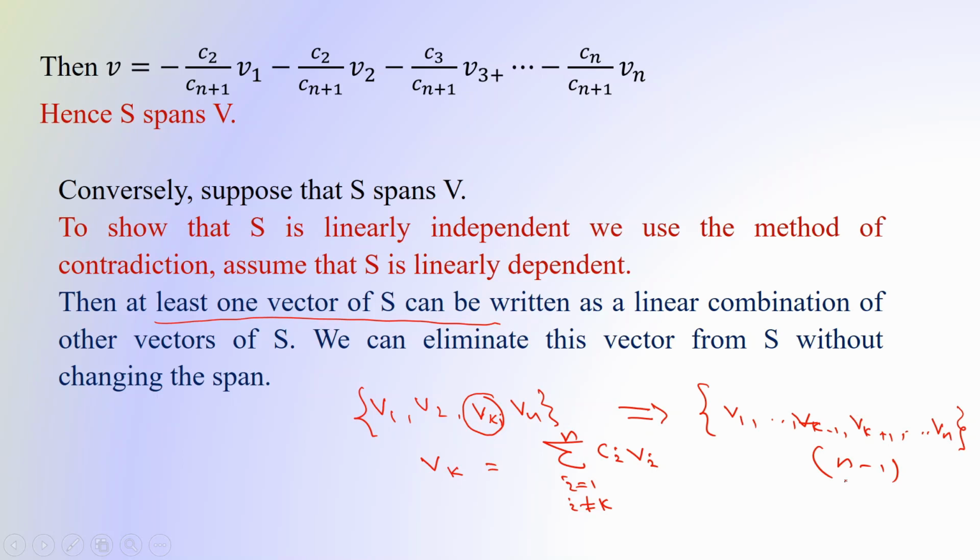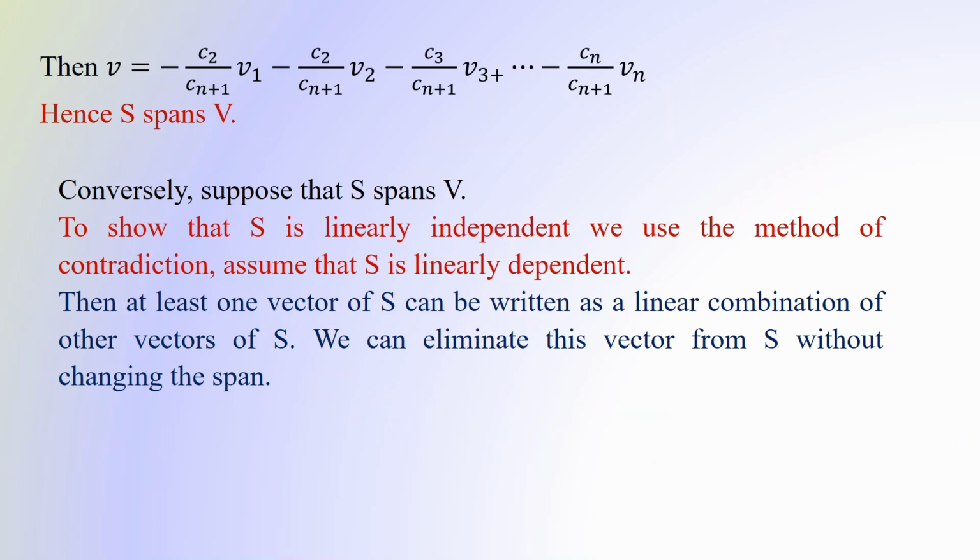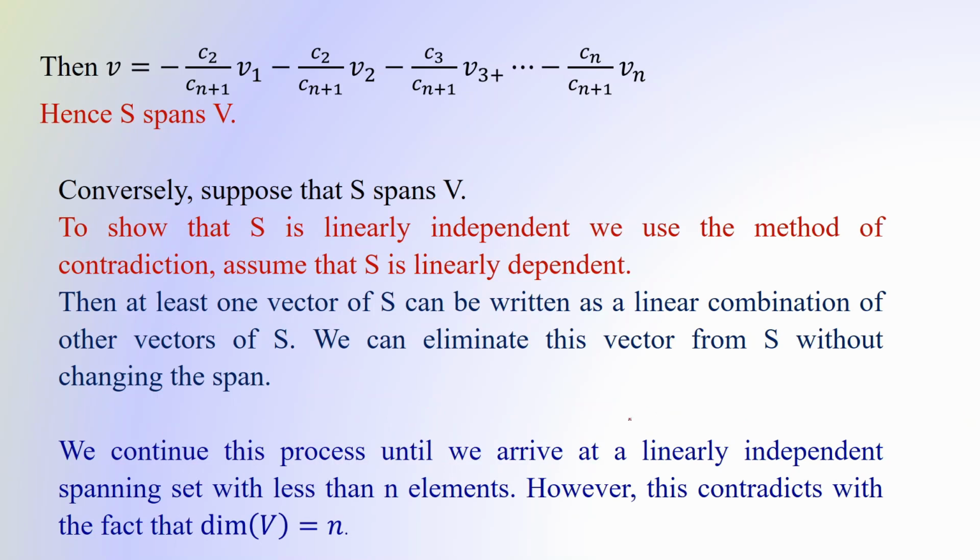Without changing the span, we can remove one element from the set if it is linearly dependent, and it will contain only n minus 1 elements. We continue this process until we arrive at a linearly independent set.